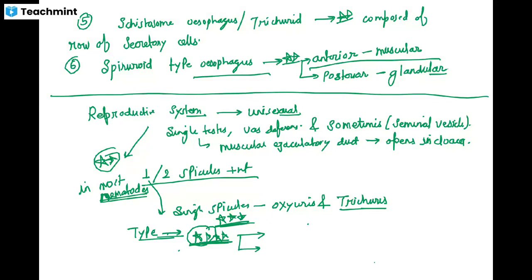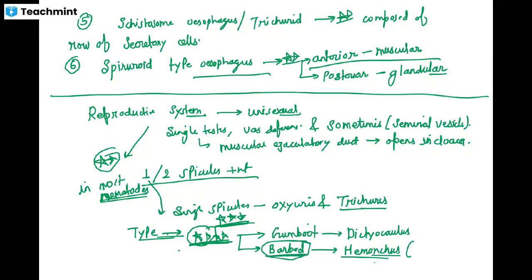तो first one is gumboot type of spicule, present in case of Dictyocaulus. And barbed type of spicule is present in Haemonchus. इसको barber pole worm भी बोलते हैं, because in this barb type of spicule is present, that's why Haemonchus is also known as a barber pole worm.